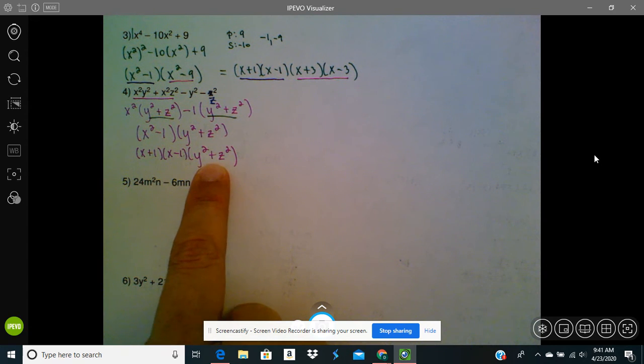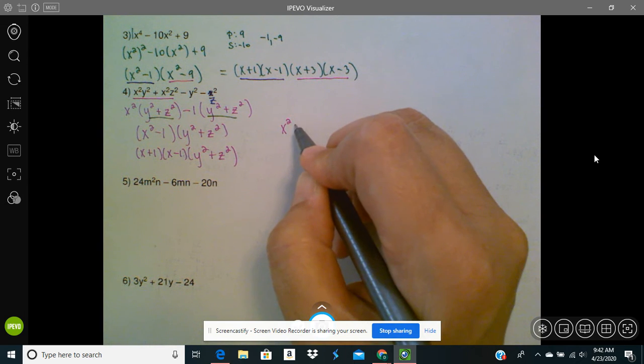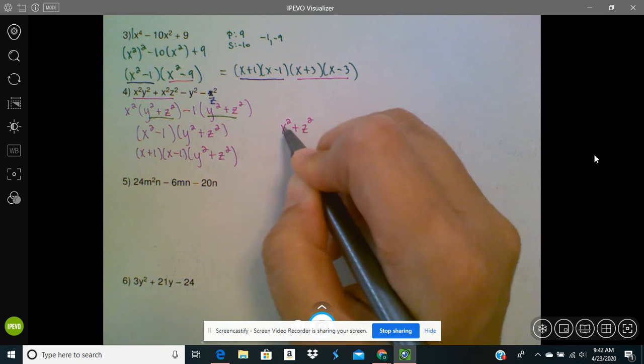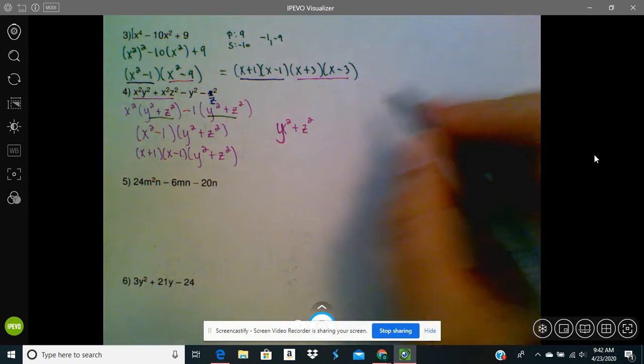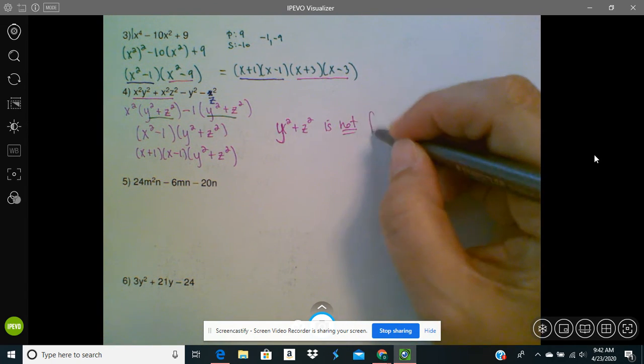How about this? There are 2 terms. Can I make a difference of squares? No. A difference of squares subtracts. This is being added. My goodness, this is one of my favorite multiple choice questions, to put this in there and have people try to factor it out. But guess what? This is not factorable. Y squared plus z squared is not factorable.